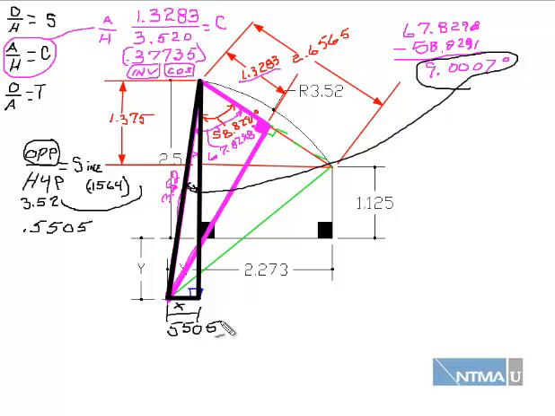Now, can you solve for y? Well, of course you can, because if you know what this is here all the way up, that tells you what the leg here is, and then you take that and you subtract the 2 inches 500 thousandths from it, and that'll tell you what's left over, because you've got this total length here, okay?